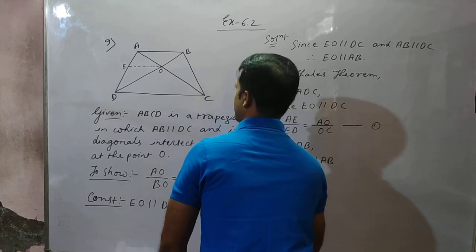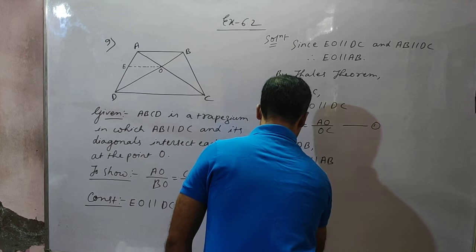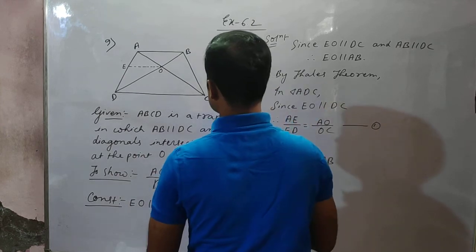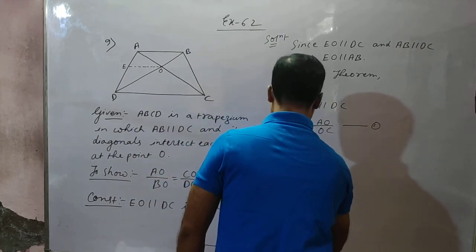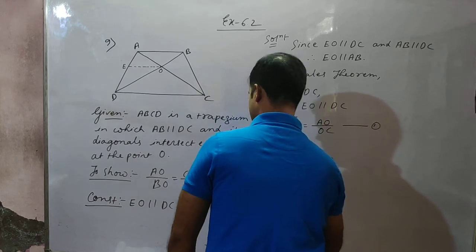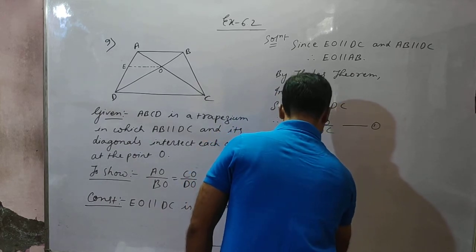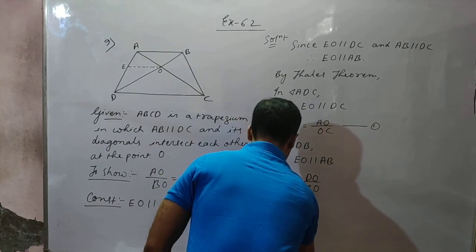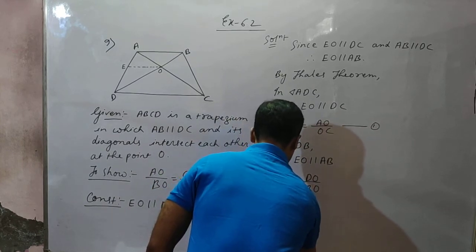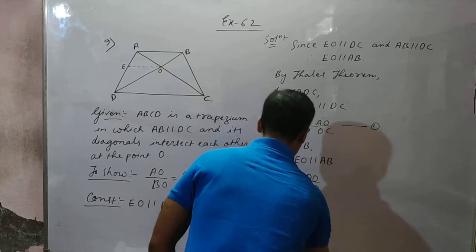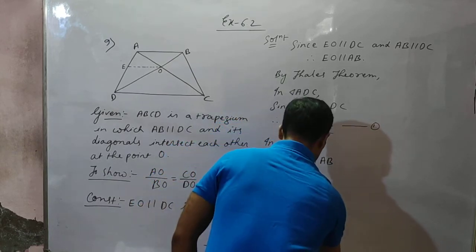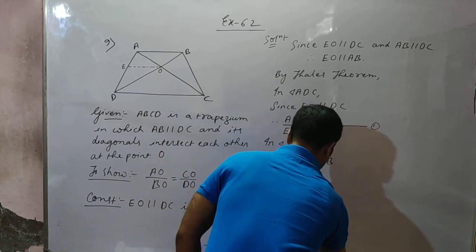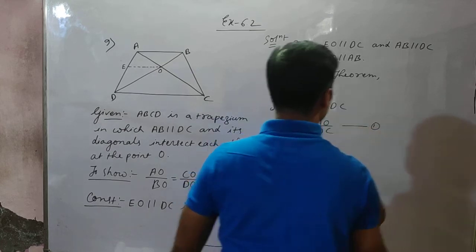ED by AE is equal to DO by BO. Now we will reverse it. AE by ED is equal to BO by DO. Mark it 2.